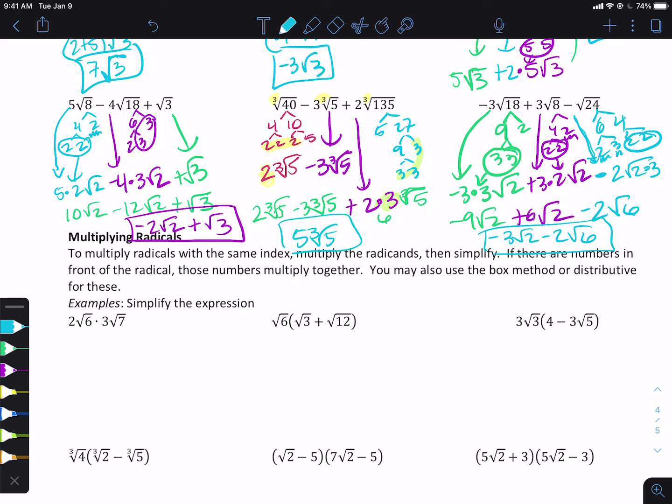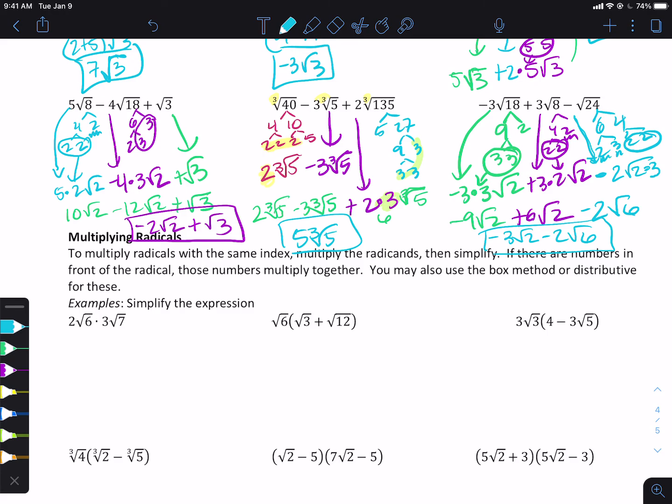Okay. So it's exactly the same pattern that we use before, except when you're breaking it down, you're breaking it down based off of the index, and you need groups of 3 for a cube root, groups of 4 for a fourth root, groups of 5 for a fifth root, and so on and so forth. So you need to remember, like radicals have to have the same kind of root, so square roots with square roots, cube roots with cube roots, and the same radicand, so the same thing underneath.